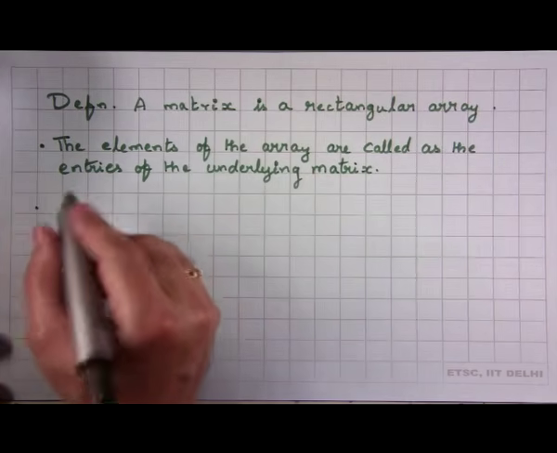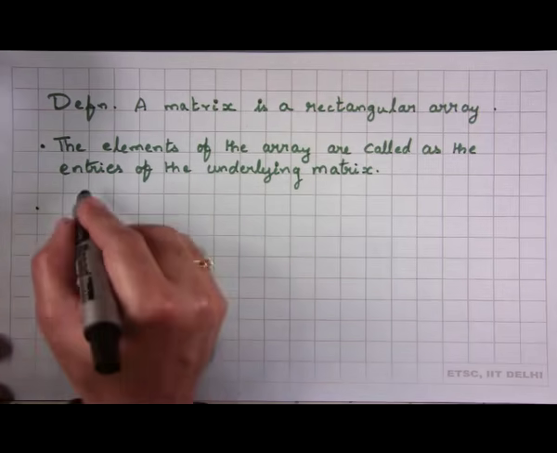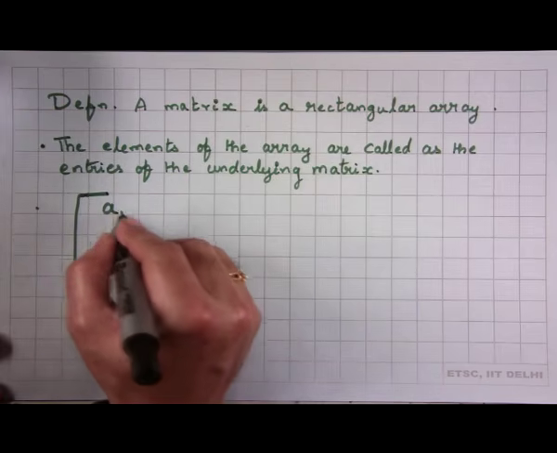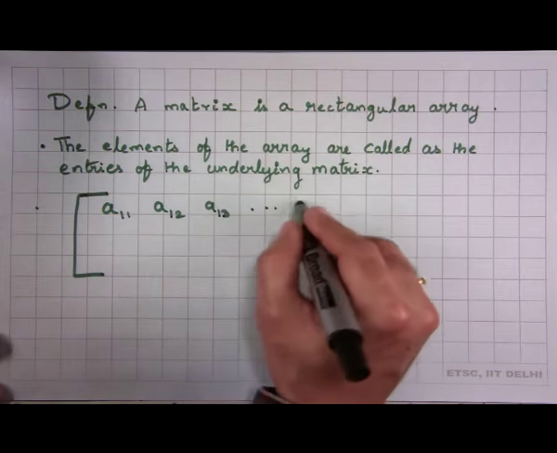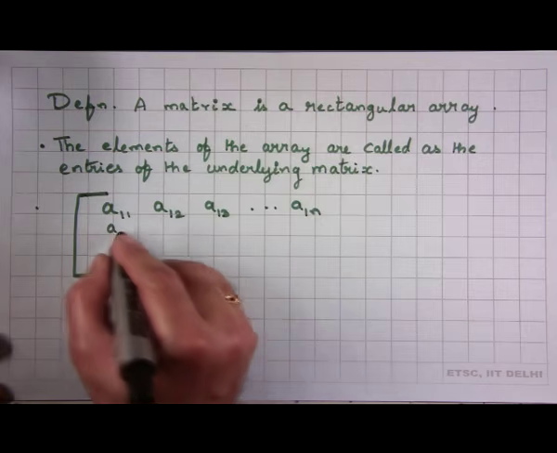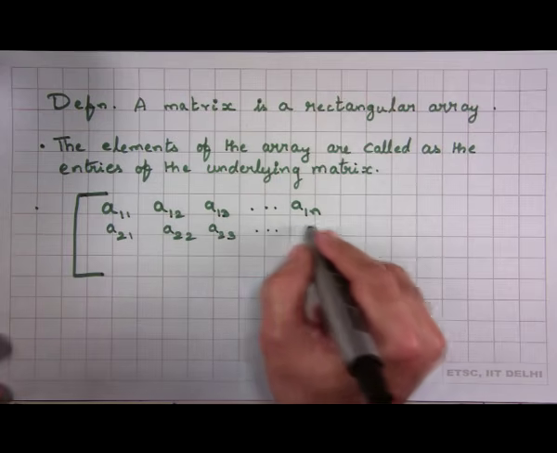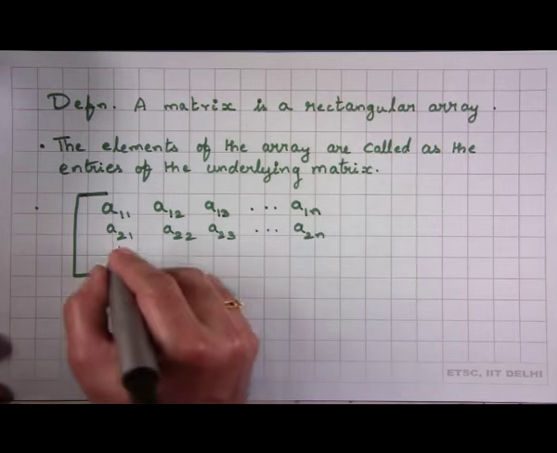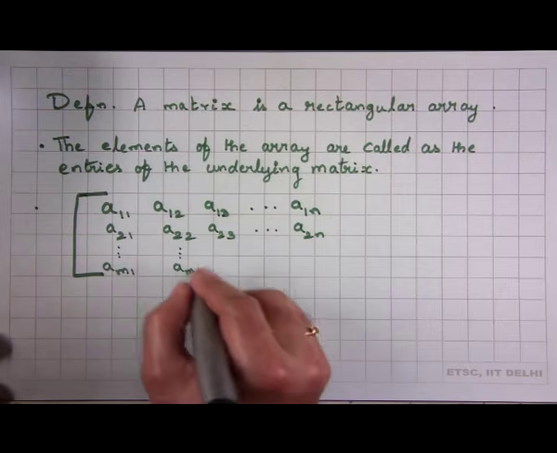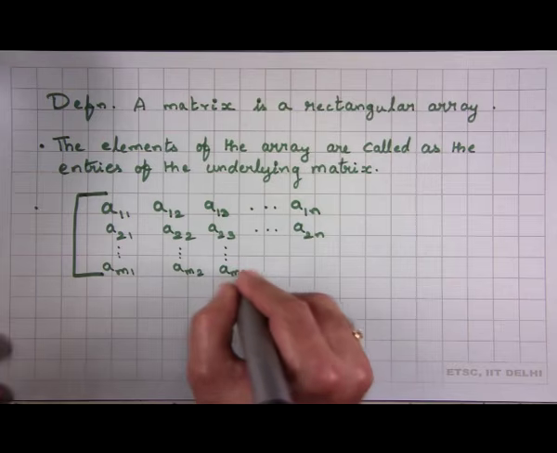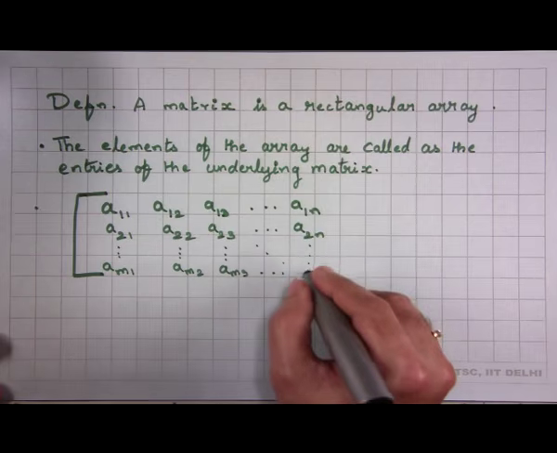So, how do we in general denote a rectangular array? This is the way you denote it, right. A11, A12, A13 up to A1n, A21, A22, A23 up to A2n. Proceeding this way, you will have Am1, Am2, Am3 up to Amn.